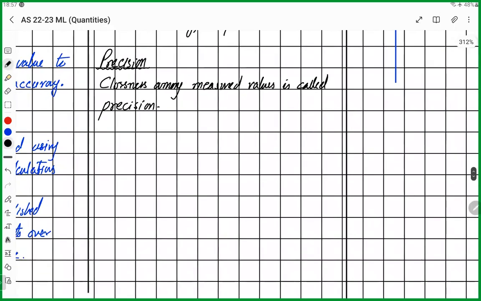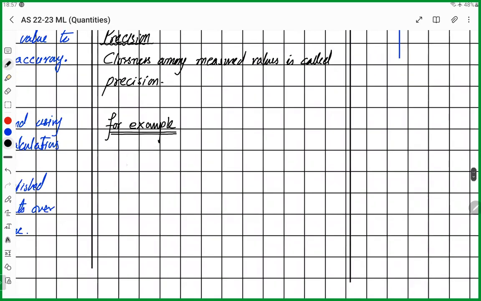For example, if two people measure the value of g in meter per second square, person one measures it 10.8, 10.7, 10.8, 10.6.